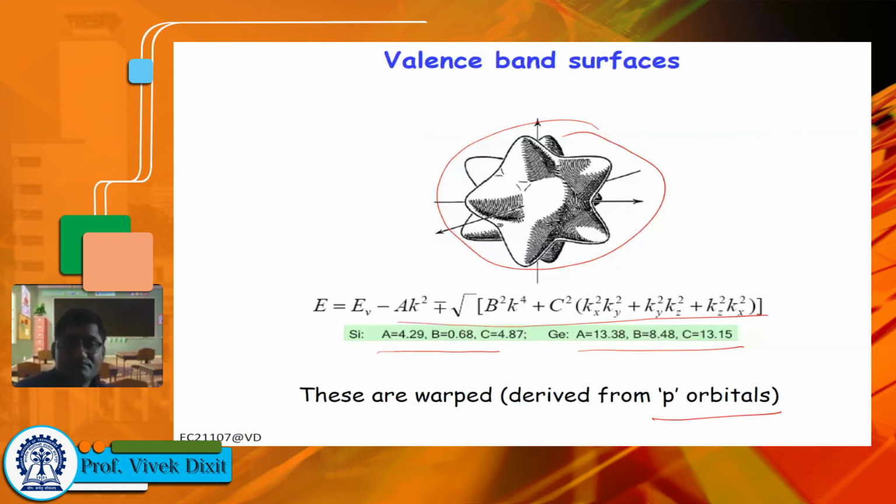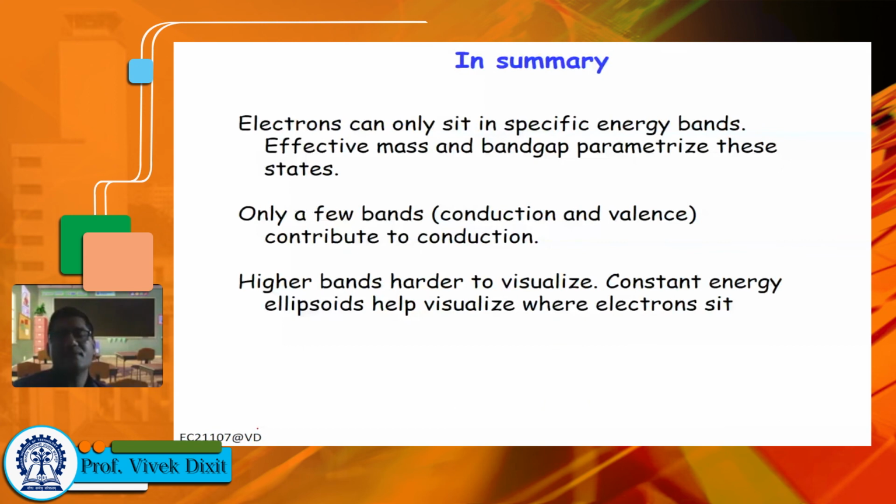So in summary, electrons can sit in specific energy bands, and these bands are numbered 1, right? Band 1, band 2, band 3, band 4, right? Now each band can have specific valleys, right? At gamma valley, X valley, L valley, right? So only bands which are near the Fermi level actually contribute in the conduction of current.